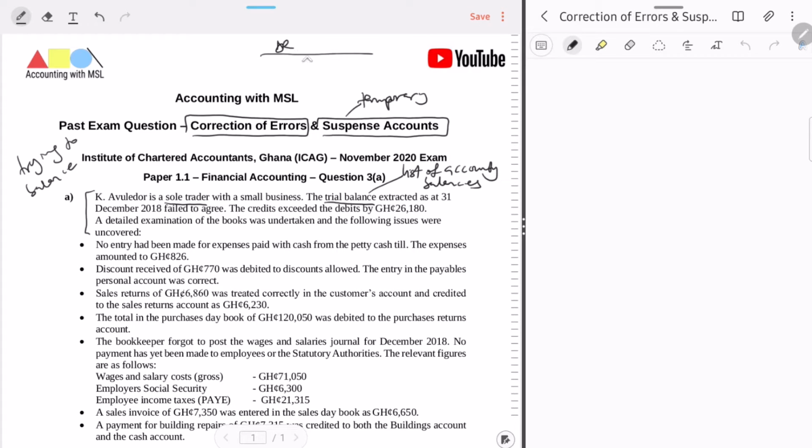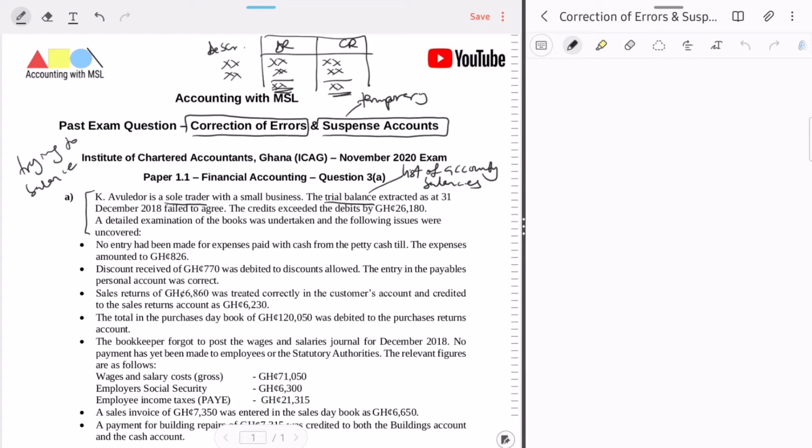You have all your debit balances and all your credit balances in one table. You list them all up, and then you try to see if they balance. So a trial balance is simply a table that lists all debit balances on the left and all credit balances on the right, with their descriptions, obviously. Then when you add everything up, if it balances, then everything is right. So a trial balance is simply a list of balances.